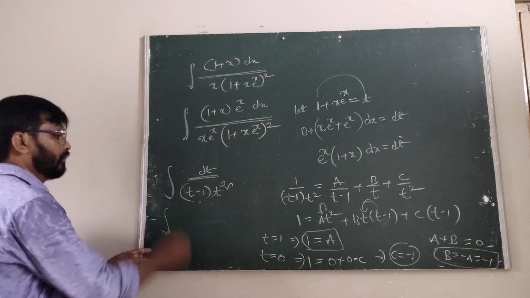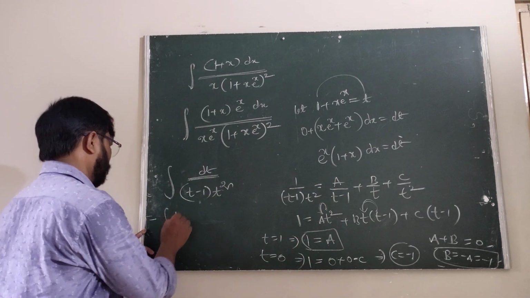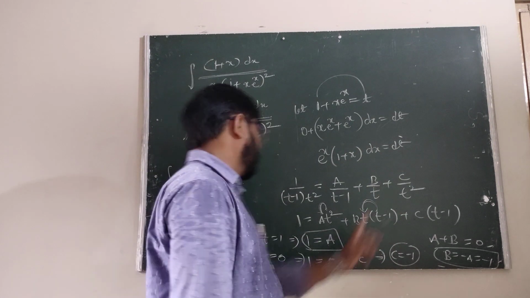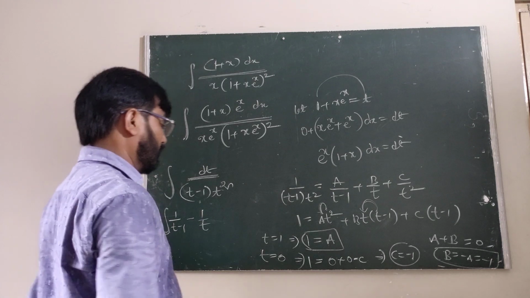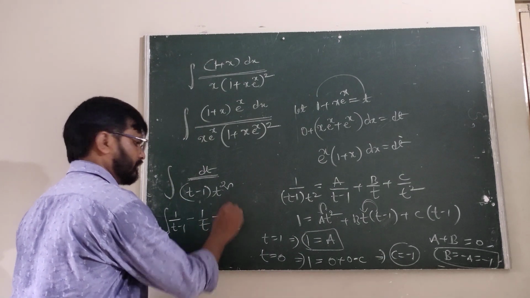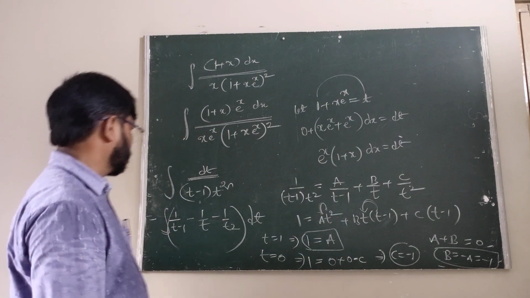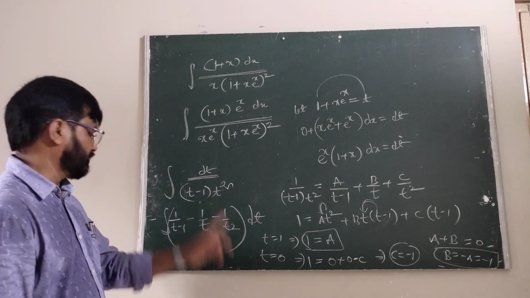So how to write this one? The integral of A is 1, that is 1 by (t minus 1), B is minus 1 by t, and C is also minus 1, so minus 1 by t square dt.